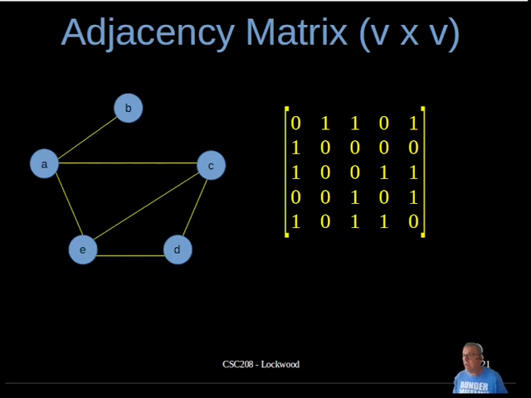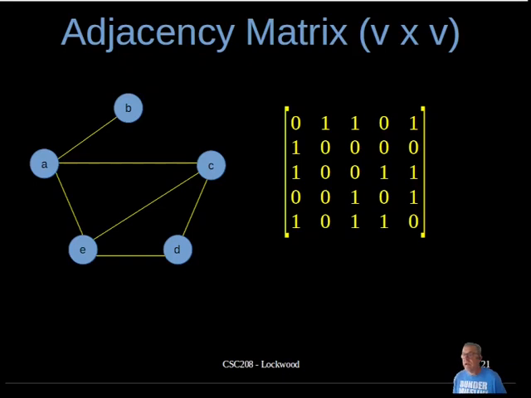So you have to imagine here that the first row is A, the next row is B, the next row is C, the next row is D, and the next row is E. And same for our columns. First column is A, second column is B, third column is C, fourth column is D, and fifth column is E.